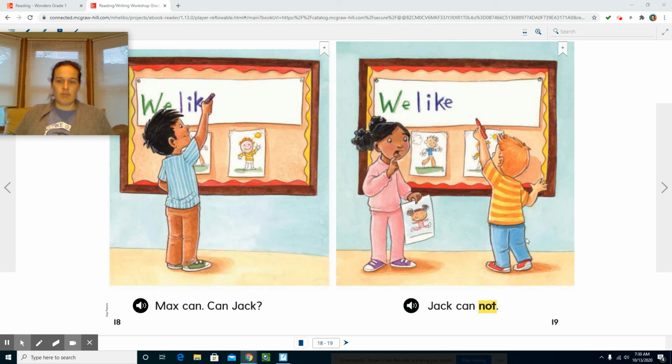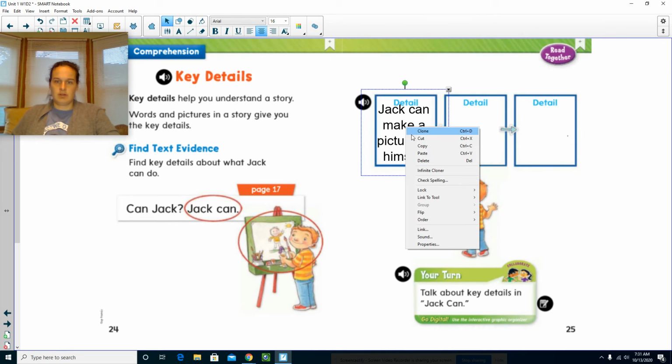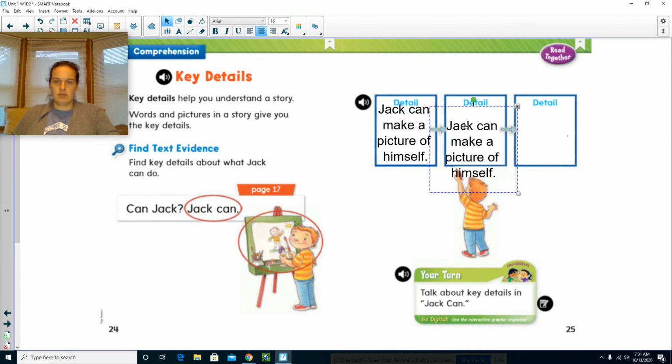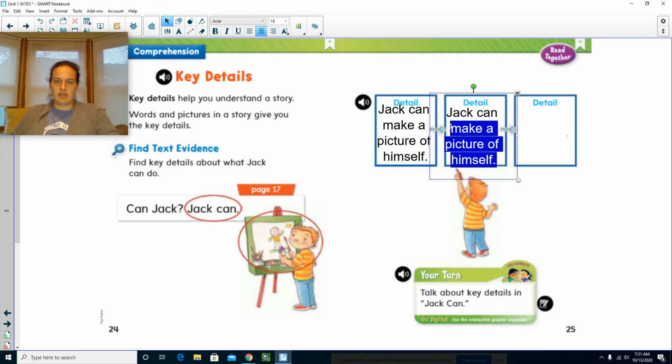Well, remember, he's trying to stand on his tiptoes and he's trying to reach up here. So Jack cannot reach. So that is what we're going to add. So Jack cannot reach. He's just not tall enough to reach.